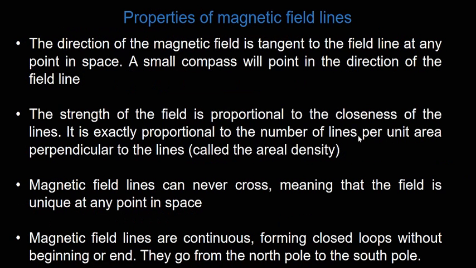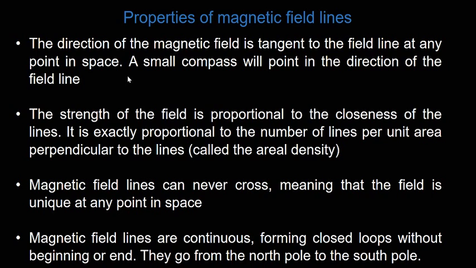Now let us discuss some properties of magnetic field lines. The first property is that the direction of the magnetic field is tangent to the field line, and the compass will always point towards the north.